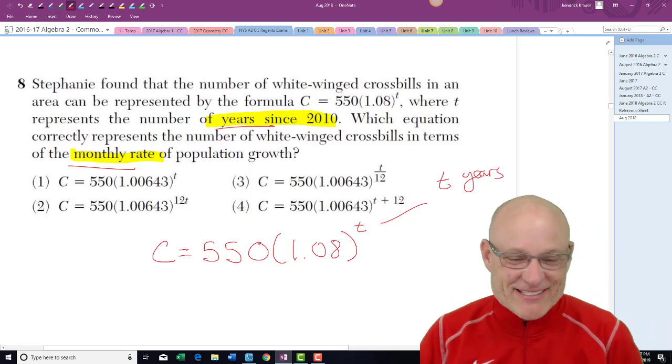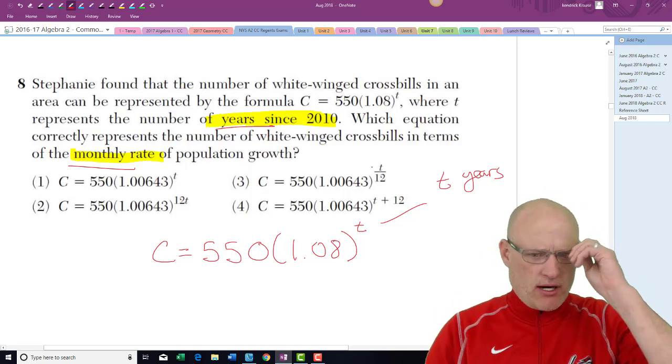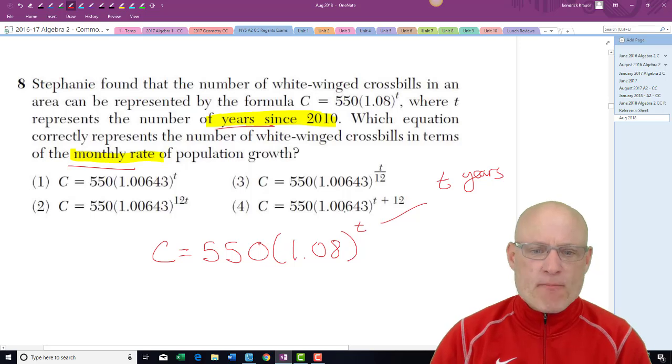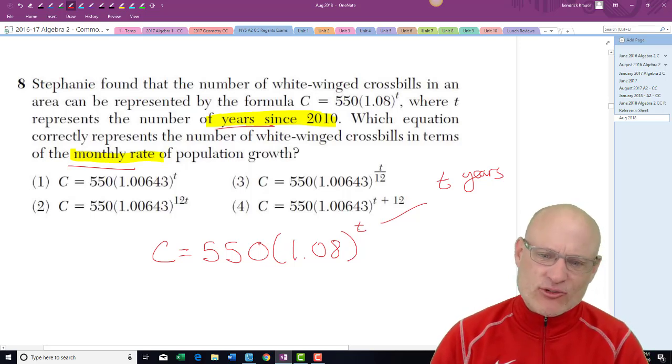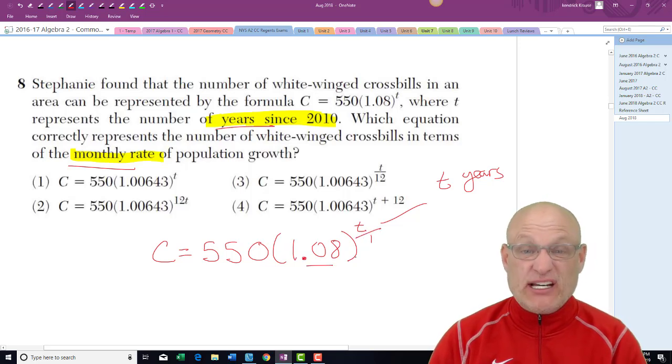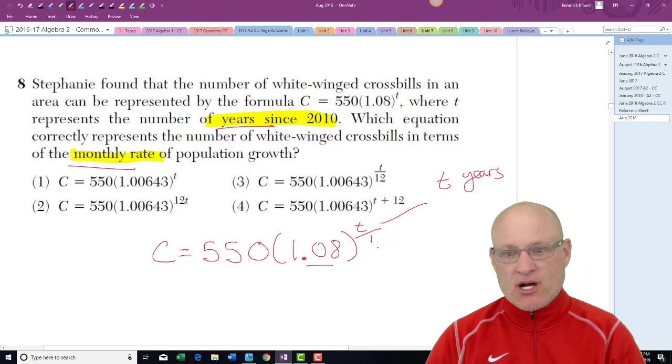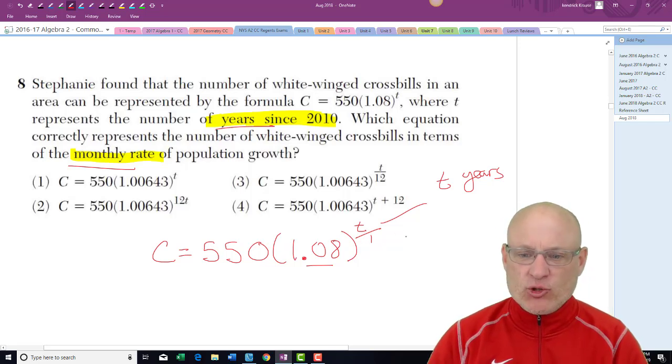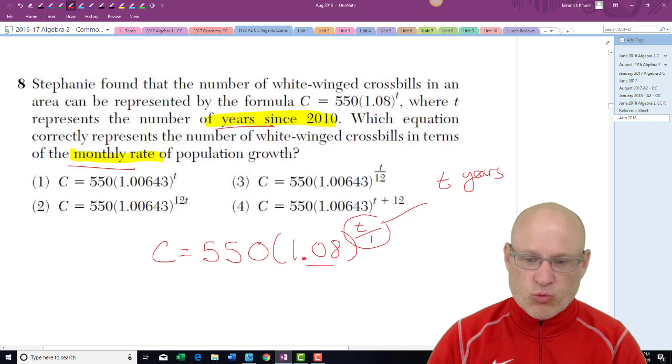Here's what's going on. Oh, I hate these questions. So really, this is t over 1. We're growing by 8% every 1 year, correct? So I need to change this rate. This is t over 1 year, but I want to change it to months.